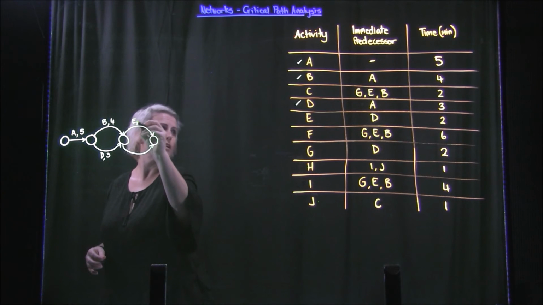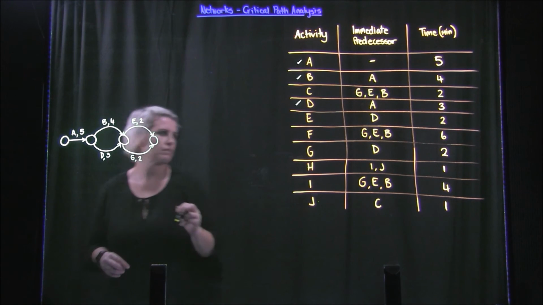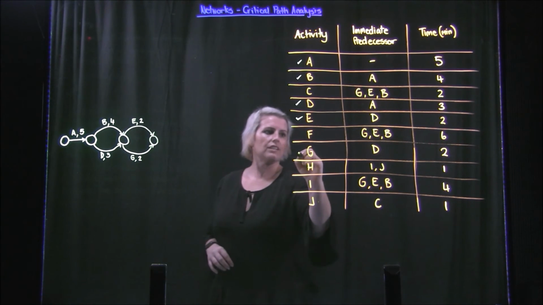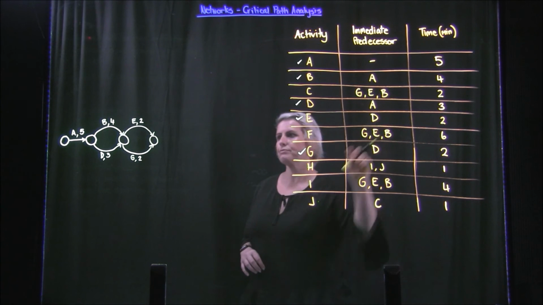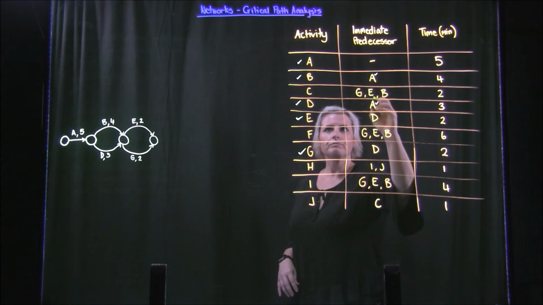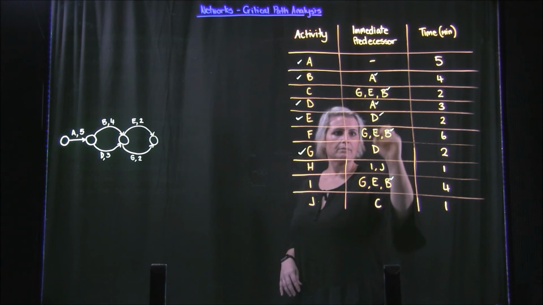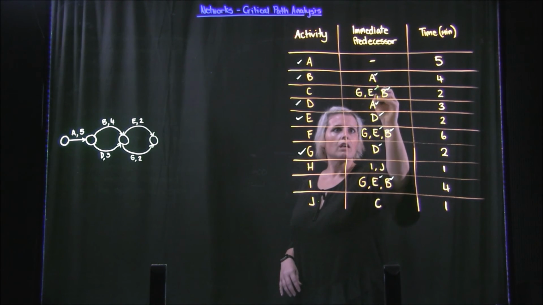So E, which is 2 minutes, and G, which is 2 minutes. E and G done with our D's. So A's been done, B's been done, D has been done, E and G.